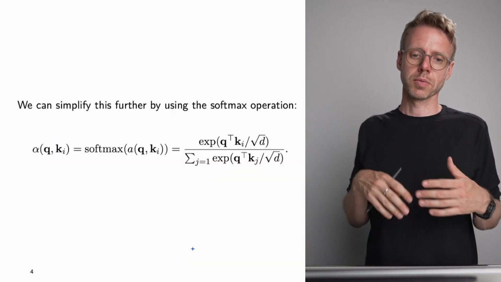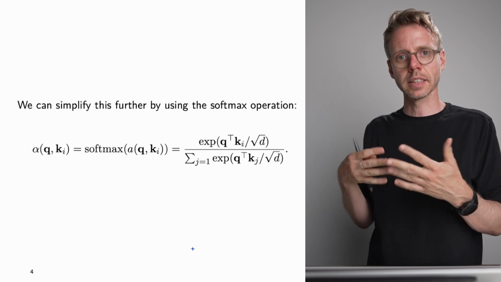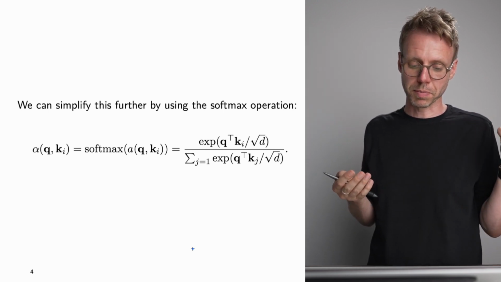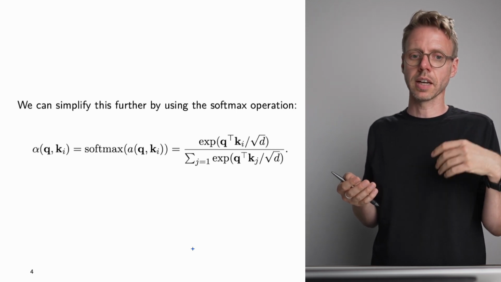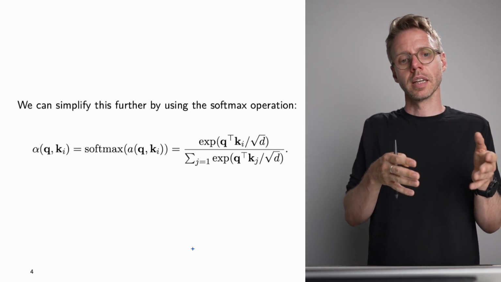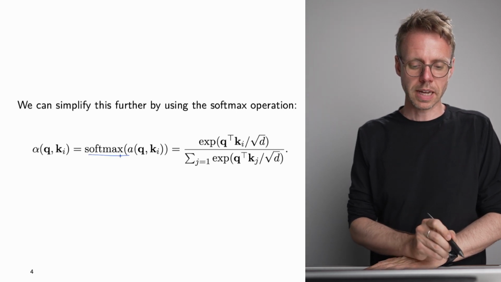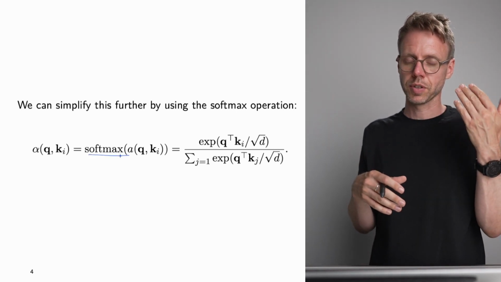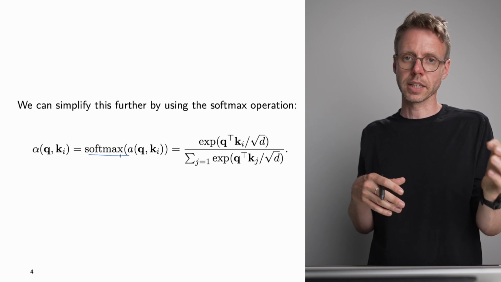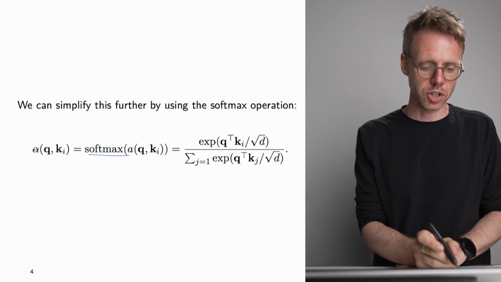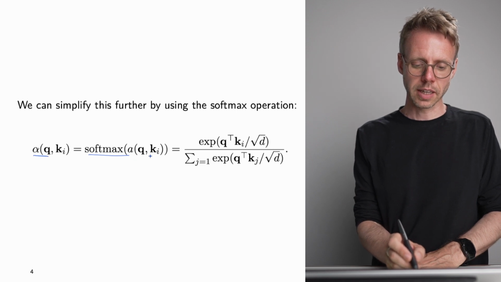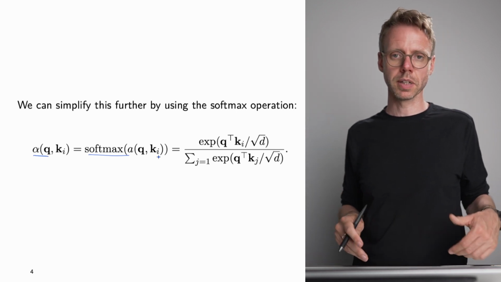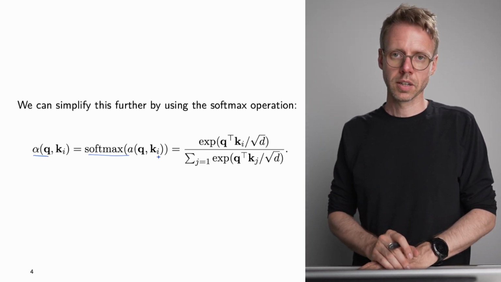Now, we said that we're usually using Softmax attention, so we would take our attention scoring function a, little a, and plug it into the Softmax in order to achieve non-negative attention weights. So attention weights alpha would be the Softmax of a between q and k, where a is just a simple scaled dot product.